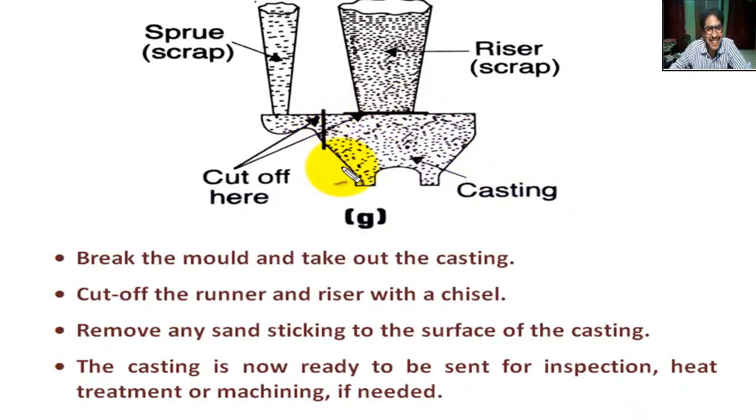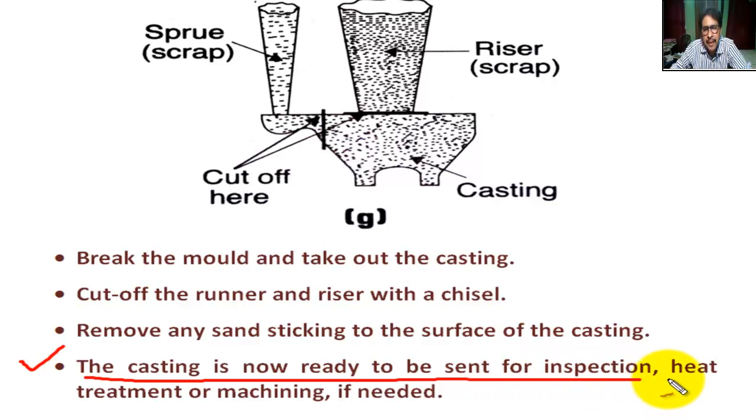Next, the casting is now ready to be sent for inspection, heat treatment or machining if needed. It is clear, my student, the step by step procedure of a sand casting.